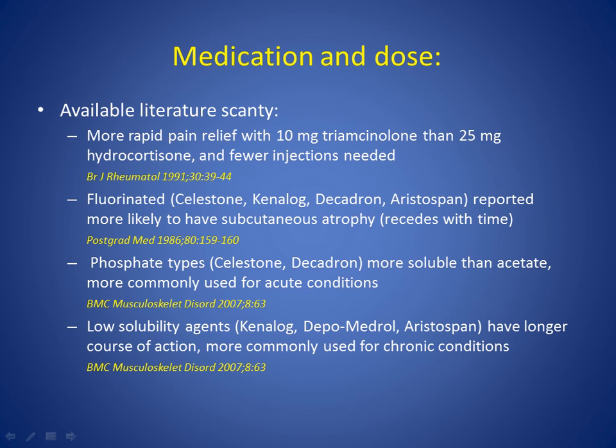There is also evidence that the phosphate types of corticosteroid are more soluble than the acetate types. And so these are often used for more acute conditions, Celestone being an example of that. Those with lower solubility typically have a longer course of action and are more commonly used for chronic conditions.